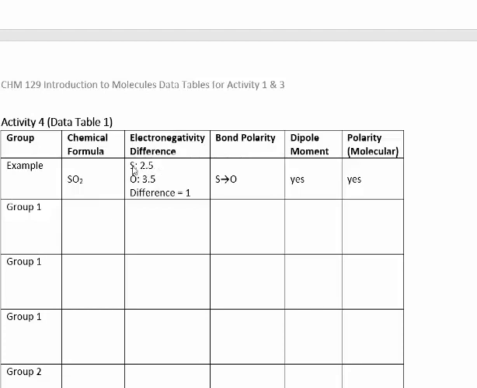For example, I've written out that sulfur has an electronegativity of 2.5, oxygen has an electronegativity of 3.5, and the difference is 1. If there is a polar bond, then we draw an arrow from the less electronegative atom to the more electronegative. Since the electronegativity difference is 1, and that's between 0.4 and 1.7, this is a polar bond, and oxygen has the higher electronegativity.